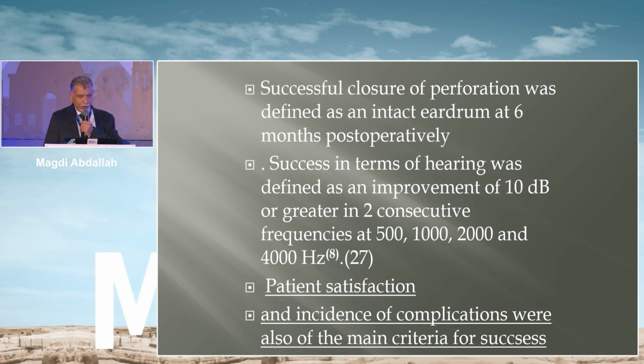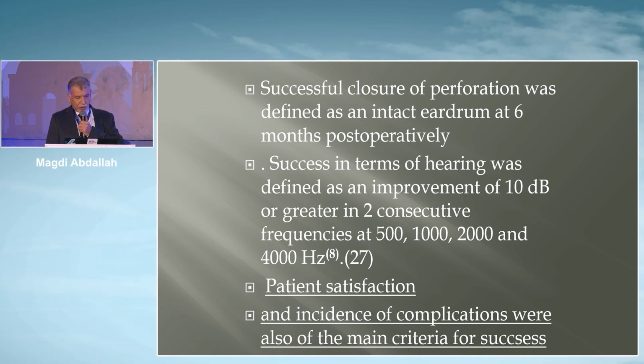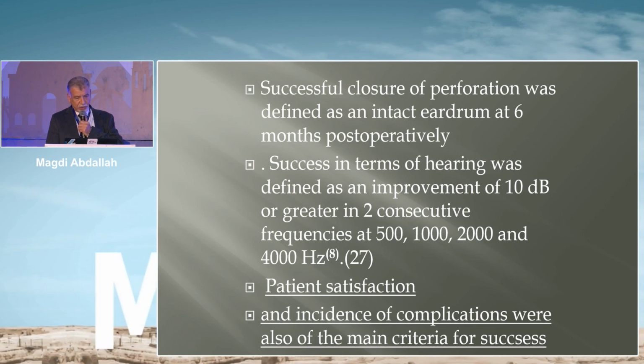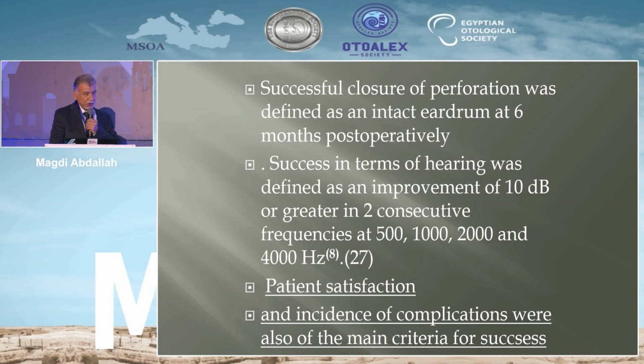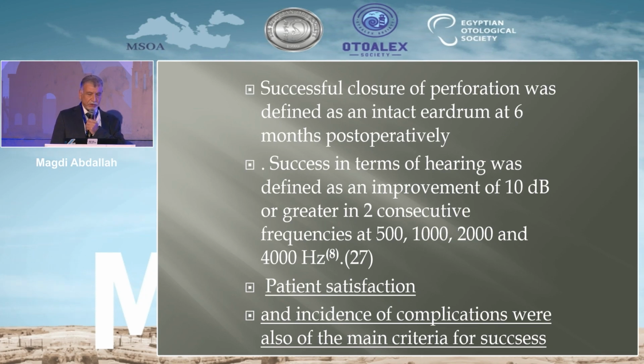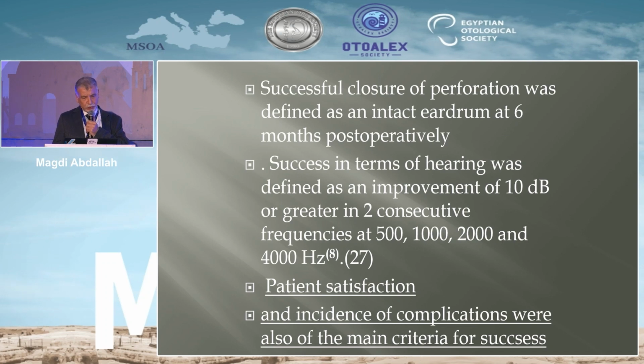Success in terms of hearing was defined as improvement of 10 decibels or greater, and patient satisfaction must be taken into consideration. Sometimes, if you have success with hearing and there is still a small residual perforation, it can affect the patient's quality of life, especially if he is a swimmer or would like to take a shower in the seashore.